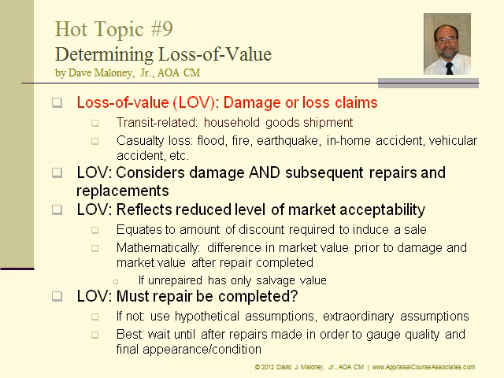Damage that is transit-related might occur during a household goods shipment. Casualty loss damage could be caused by flood, fire, earthquakes, in-home accidents, vehicular accidents, or some similar man-made or natural disaster. In any of these scenarios, the appraiser might be asked to offer an opinion of loss of value for the affected personal property.